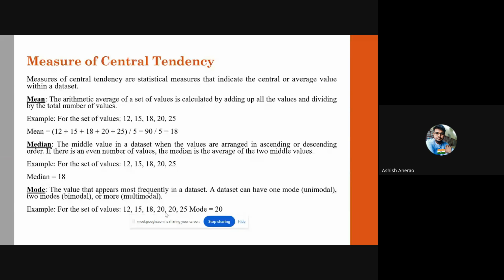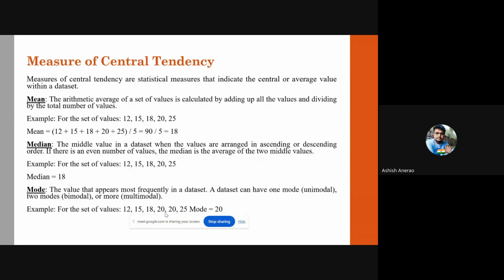Shopkeeper notes down all shoe sizes and takes a mean of that, and finds that the mean comes like 8.2, but 8.2 is not an available size of shoes. So in that type of example we require the mode. Means what number of shoes people purchase more, okay. So in that type of example we require mode.